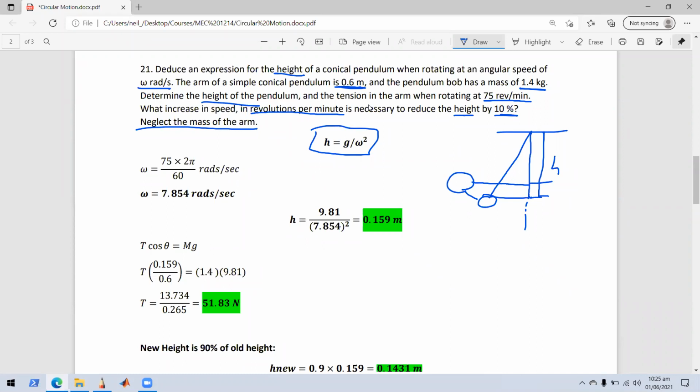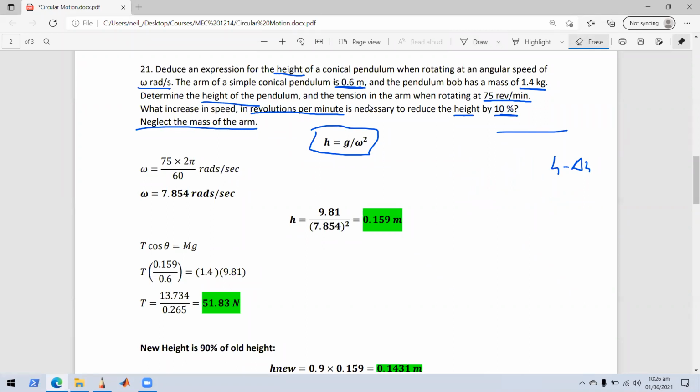There's going to be some delta h, and this here is going to become h minus delta h. So what this question is asking is, how much more do we have to increase the speed to cause this 10% reduction in the height, right? Cause this height to shrink.